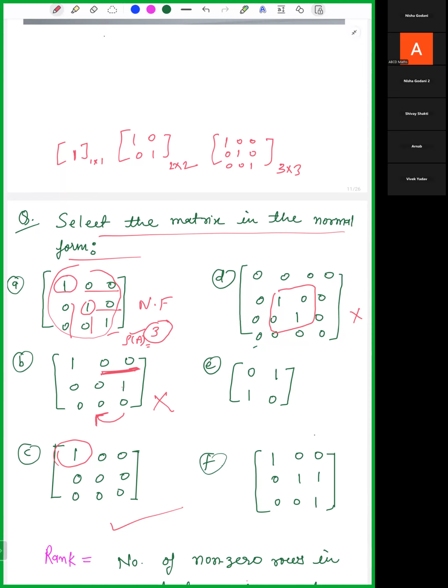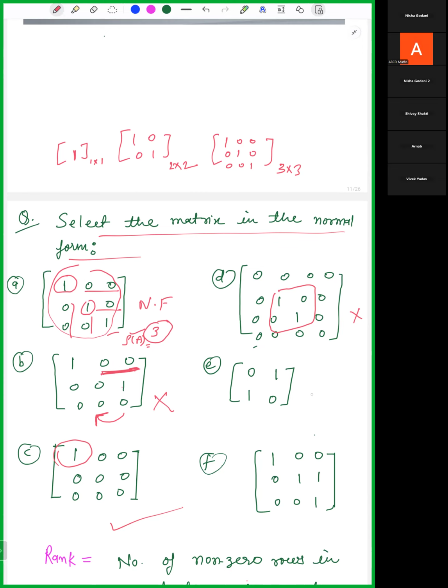What about matrix E? Is it in normal form? Can you find any identity matrix of any order in this matrix E? There are two ones. This means you must have an identity matrix of order 2. But is it there? No, you don't have to identify two different identity matrices, only one identity matrix of some order.